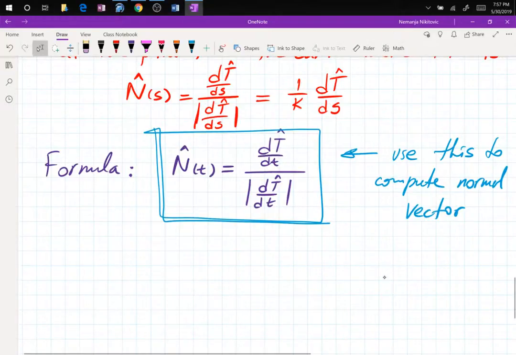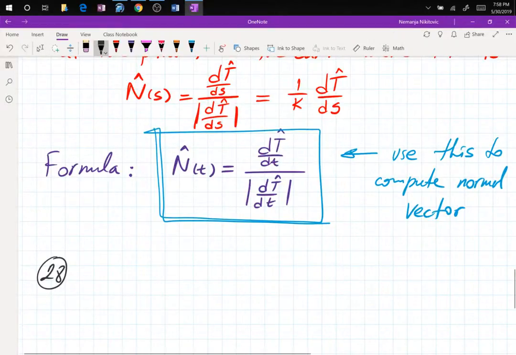So let's compute one principal unit normal vector. Let's try problem 28.